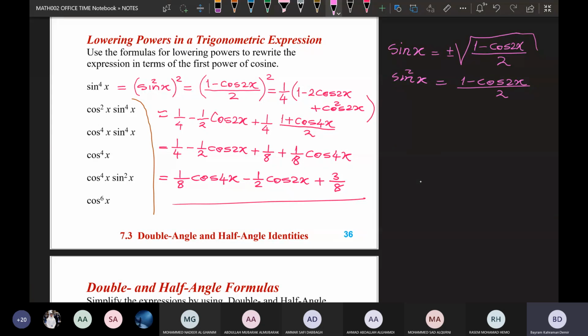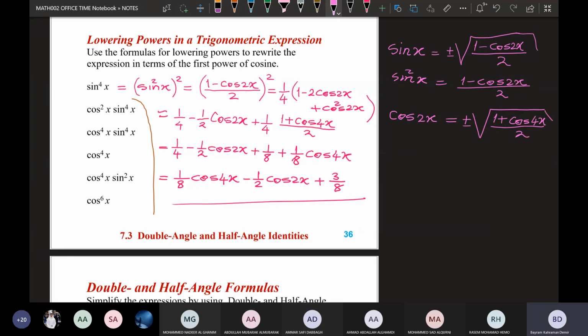So now let's use the cosine formula, Shabab. If you have cosine of 2x, it is positive or negative root of 1 plus cosine of what? 4x, divided by 2.